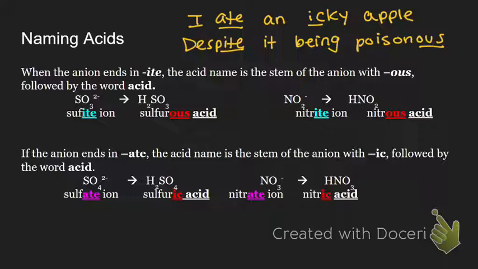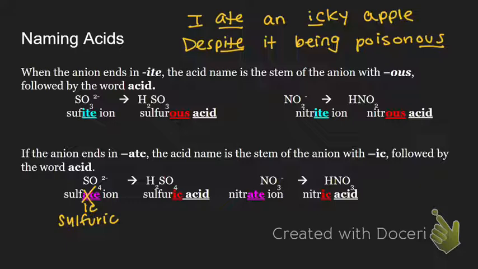So with sulfate is SO4-2. When it reacts with hydrogen, it becomes H2SO4. And we would drop the ate and we would put sulfuric acid. Now, based on the rule I just told you, you would think it'd be called sulfic acid, but people just didn't like the sound of that, so they just said sulfuric acid.